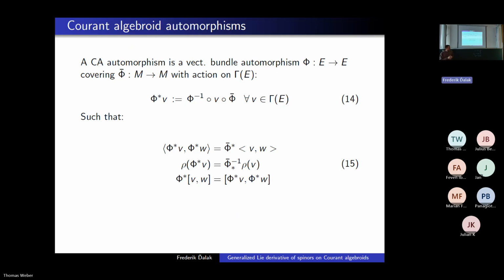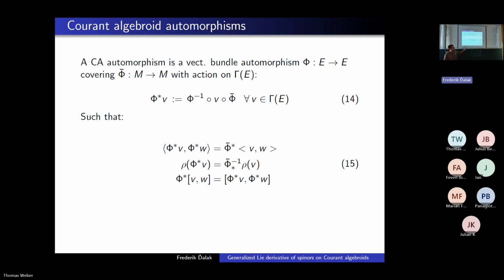So now let me tell you about Courant algebroid automorphisms. As I mentioned, we are going to be looking to find some transformations of Courant algebroids which are generated by its sections, and this role turns out to be played by these Courant algebroid automorphisms. So let me tell you what these are.